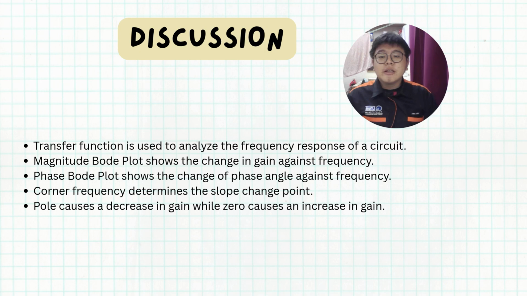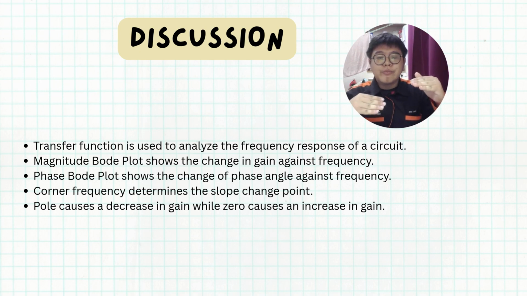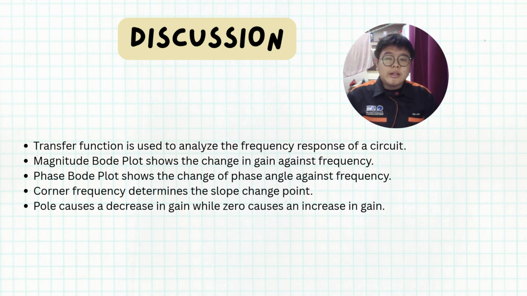After that, we also notice there are corner frequencies that determine the slope change points of a Bode plot. Lastly, we notice there are two other things. First is the pole, the second is the zero, where a pole causes a decrease in gain, while a zero causes an increase in gain. And that concludes my discussion.